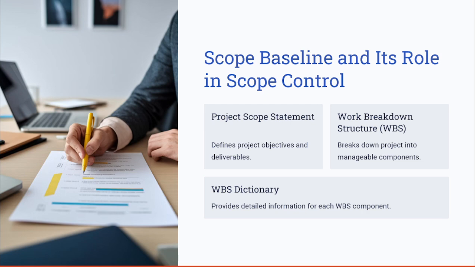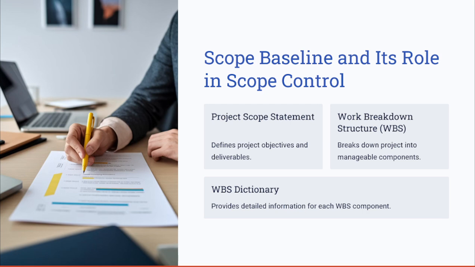So we've said that these are the deliverables that we are going to deliver, and that's all. This is called the scope baseline, which is initiated at the planning phase. And in scope control, at the monitoring and controlling process group, you have to compare whatever changes occur to the scope baseline, which was defined early in the project.